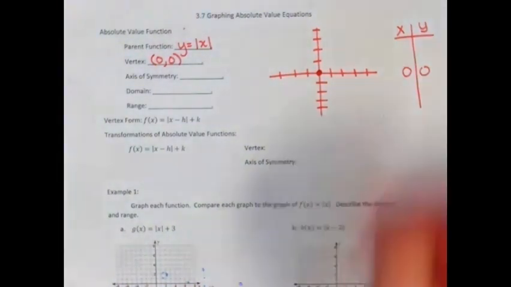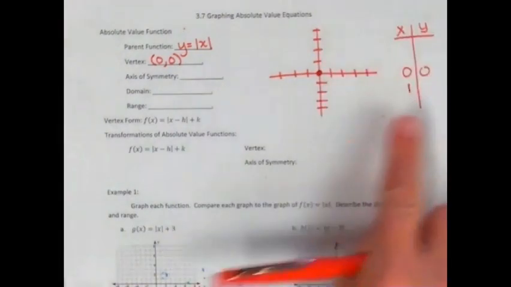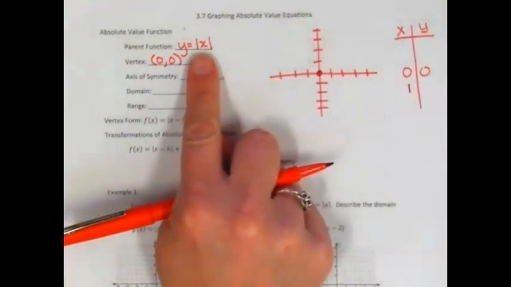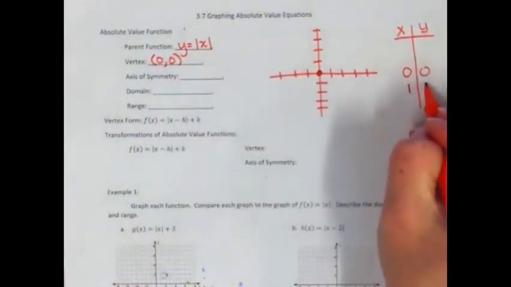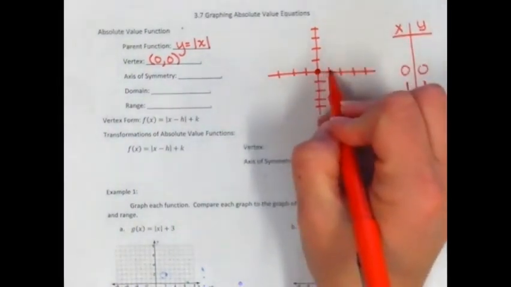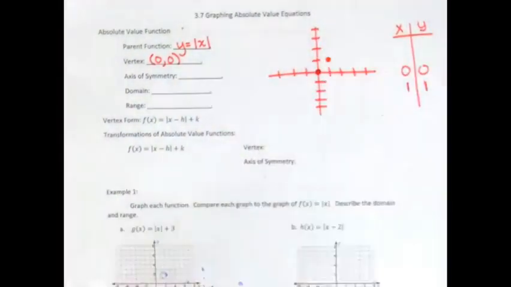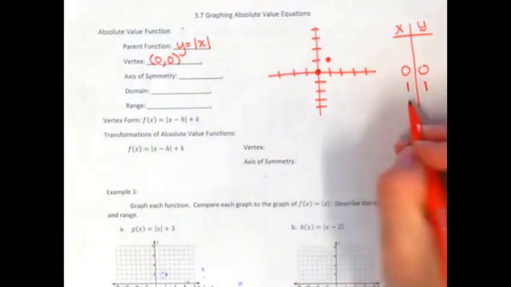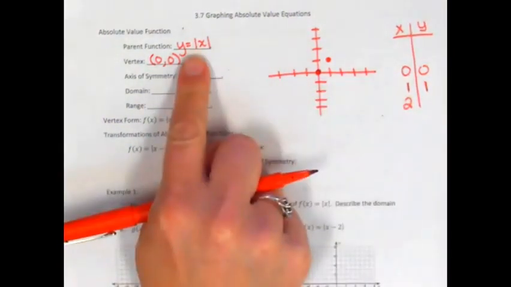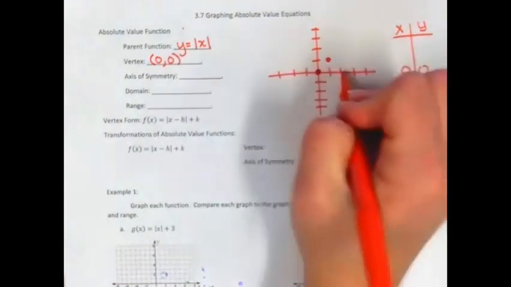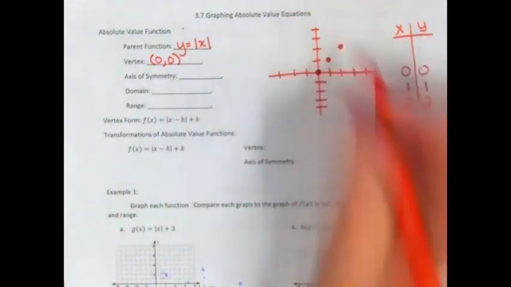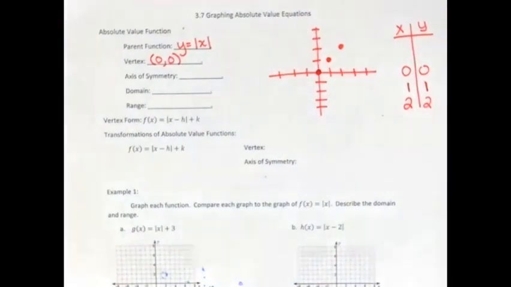Now let's plug in 1. We just did this. What's the absolute value of 1? 1. So can I graph the point 1, 1? Yeah. Let's do 2. What's the absolute value of 2? 2. So can I graph the point 2, 2? Yeah.